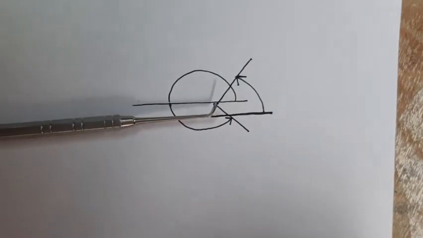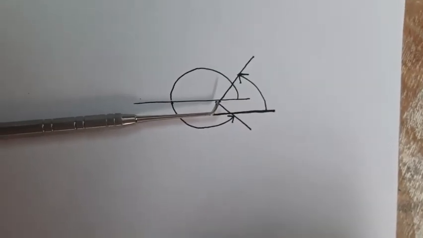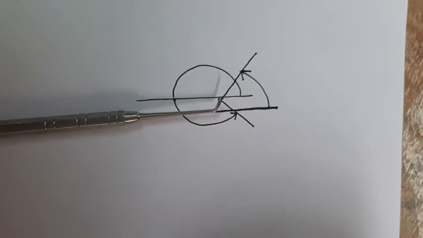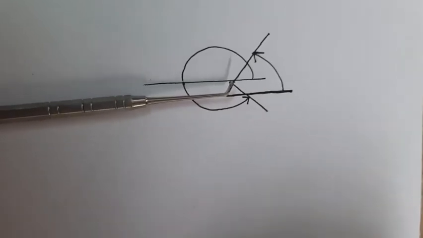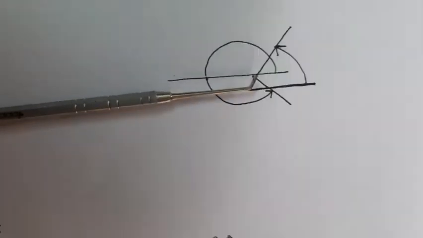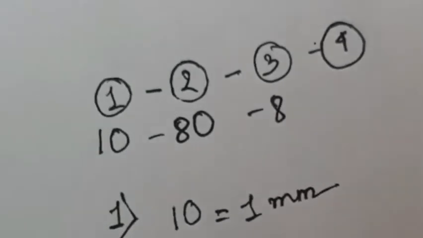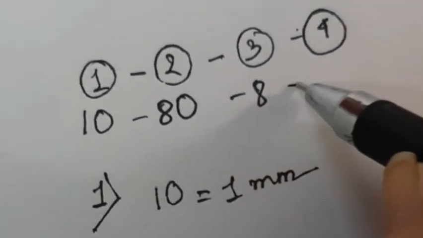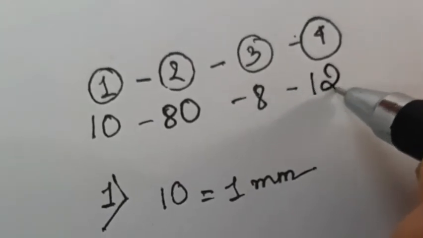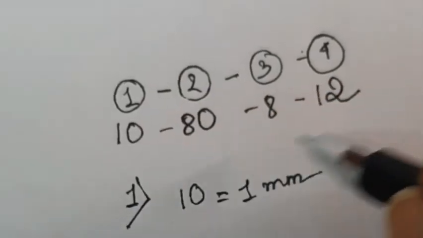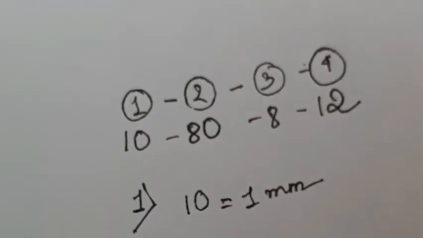It is usually less than 50 for the angle of the blade and it is usually more than 50 for the angle of the cutting edge. This angle is also given in hundredths of 360, and this is the whole instrument formula.